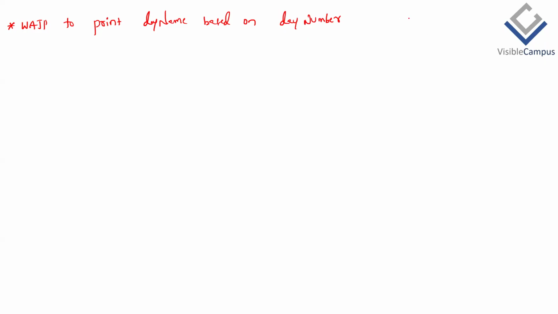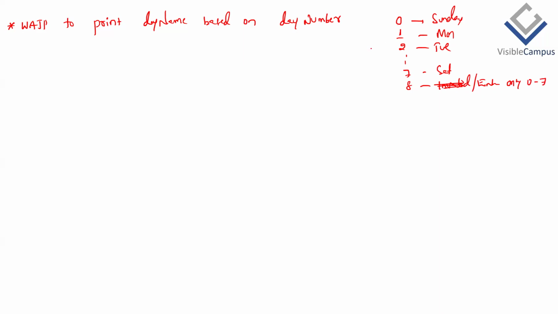If the number is 0, the output has to be Sunday. You can start from anywhere in a cyclic order. If it is 1, then Monday. If it is 2, Tuesday. Like this. If it is 7, Saturday. If it is 8, invalid input, or enter only 0 to 7. So this is the requirement.